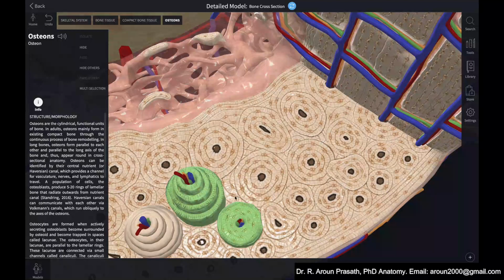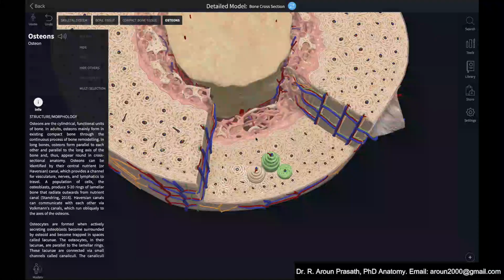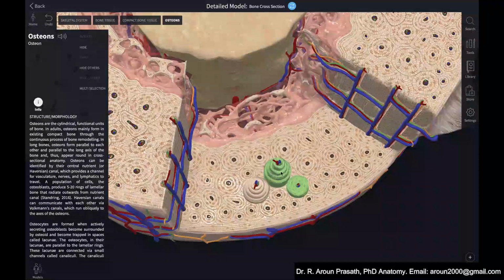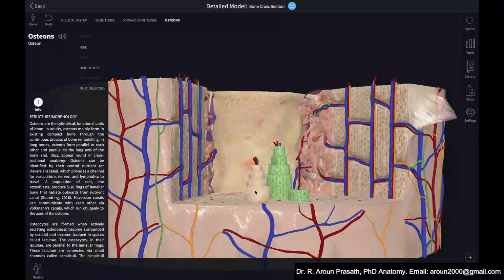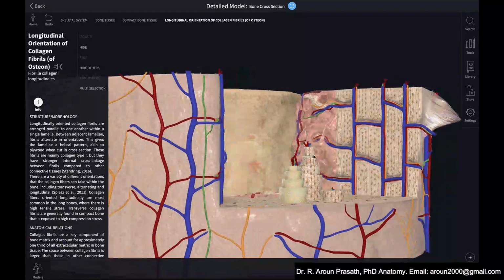This complete structure is called circumferential lamellae, whereas in one single circle you can see osteocyte cells arranged in a circular manner. This is called circular lamellae. One circular lamellae set is called an osteon.